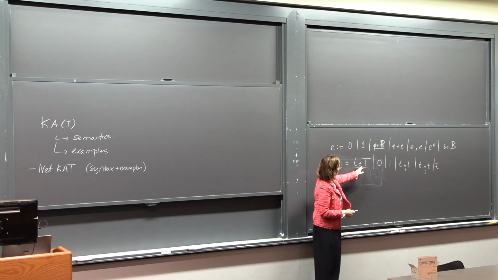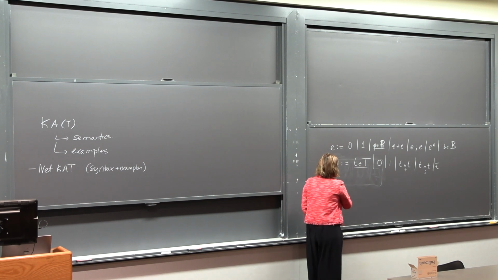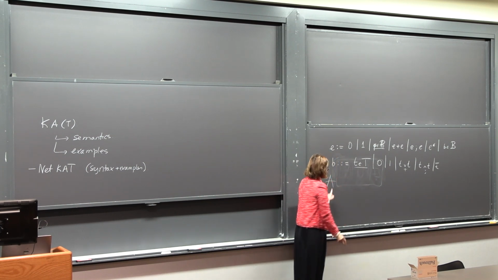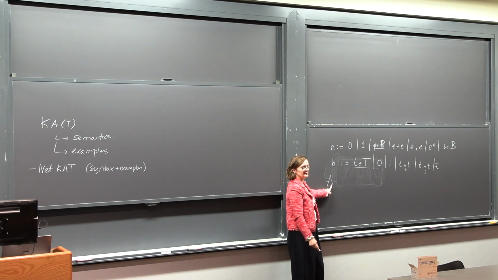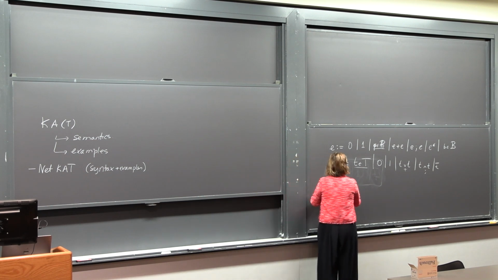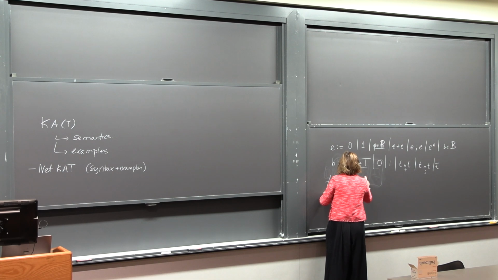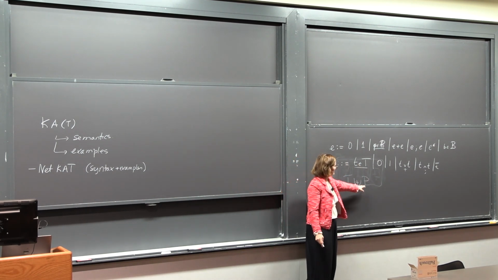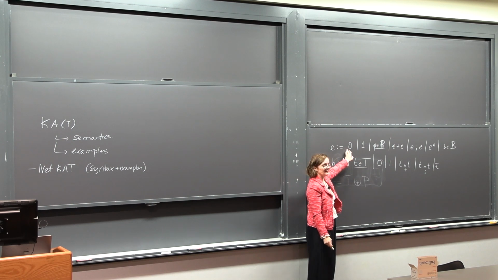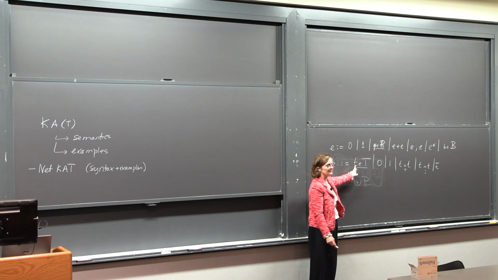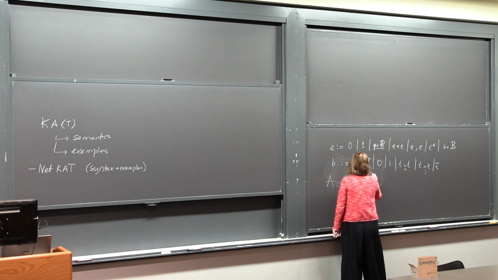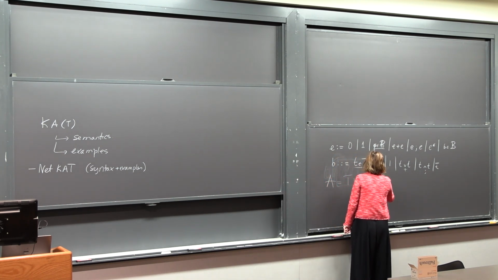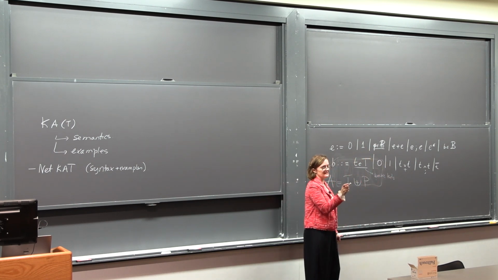So what I've done in the syntax is saying I had an alphabet A in my Kleene algebra, and I've now split this alphabet into two parts, T and P. And I use P to generate the programs and T to generate the Boolean algebra. So these are basic tests. Okay, these are the primitive tests. Does that answer your question?